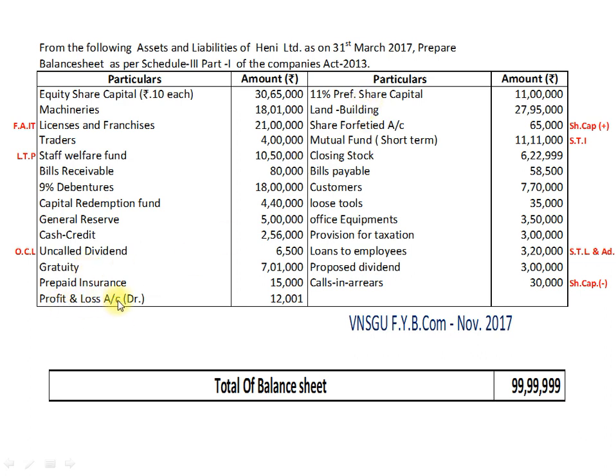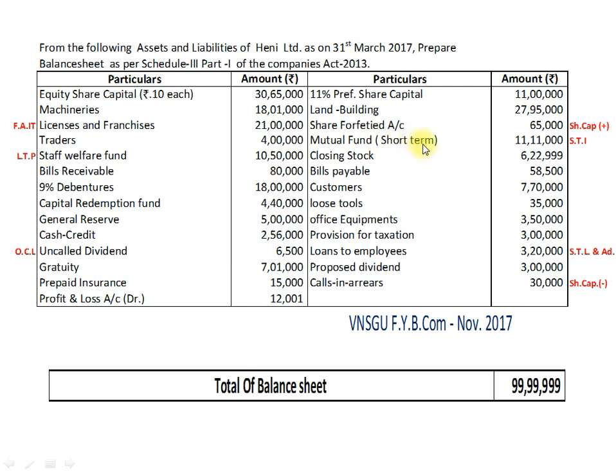Now, profit and loss account debit balance will be deducted from reserve and surplus. Yes, share forfeited account. My dear students, this is somewhat a new point. Share forfeited account will be recorded in balance sheet under equity and liabilities under the note share capital, and share forfeiture account will be added to share capital amount.